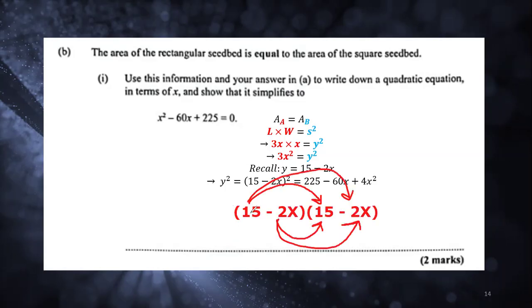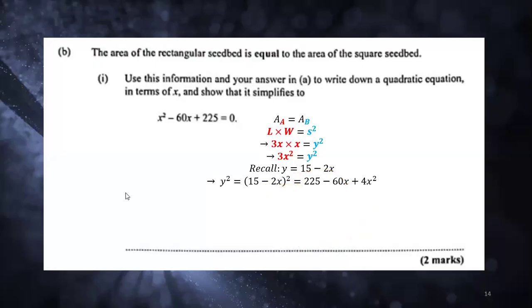Just like that, the first term by the two terms of the other bracket, and then the second term by the two terms of the other bracket. Remember to include the negative when you're multiplying. You all should recall this. This is a standard in the industry. Okay, great.